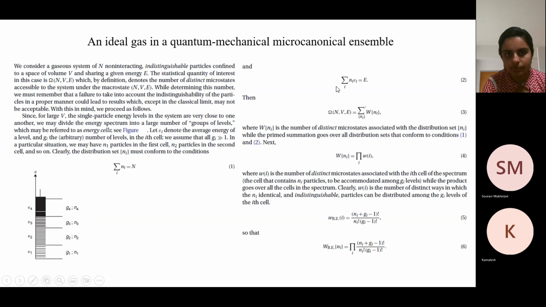So now, if you have n1 particles in energy level E1, that means the summation over n_i E_i would give you the total energy of the system.